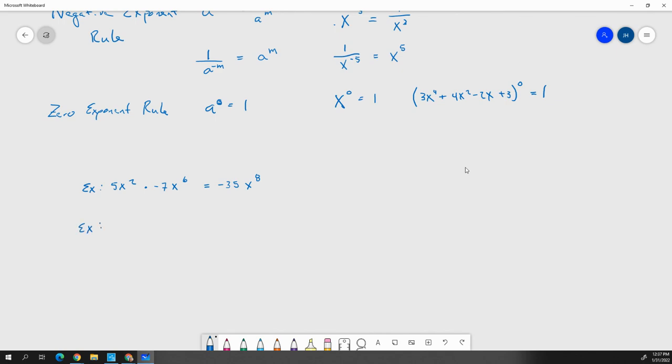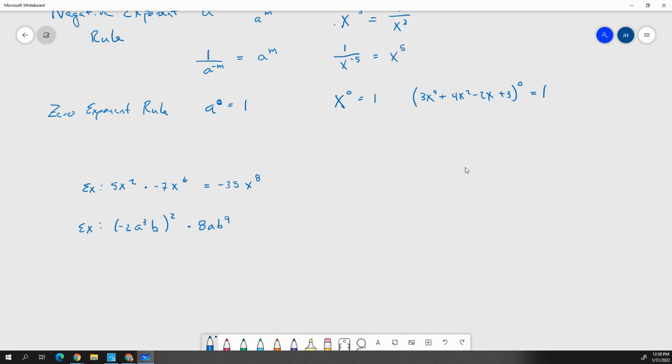Another example would be if I have negative 2a cubed b, and I square that whole thing, and then I multiply it times 8ab to the 9th. Now, one thing I want you to pay attention to is this cube only goes to the a, right? Here, when I square it, I'm going to square each piece.